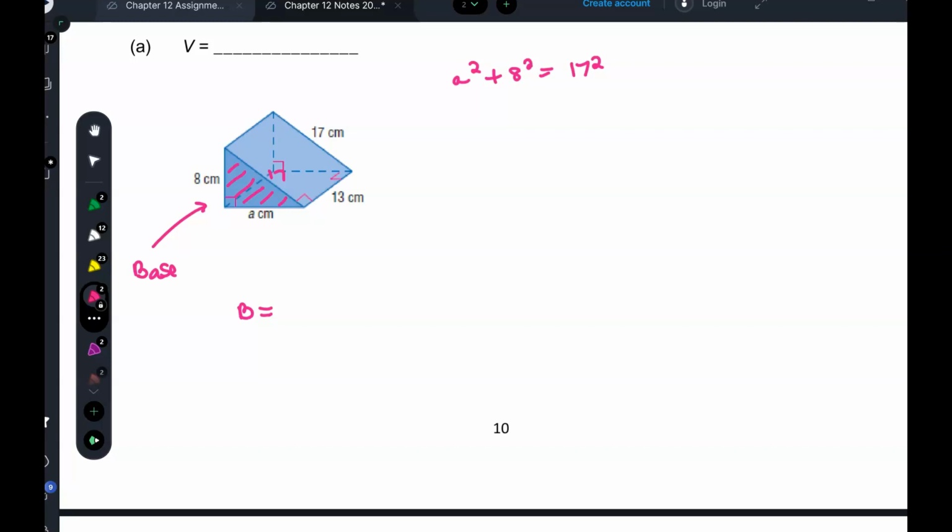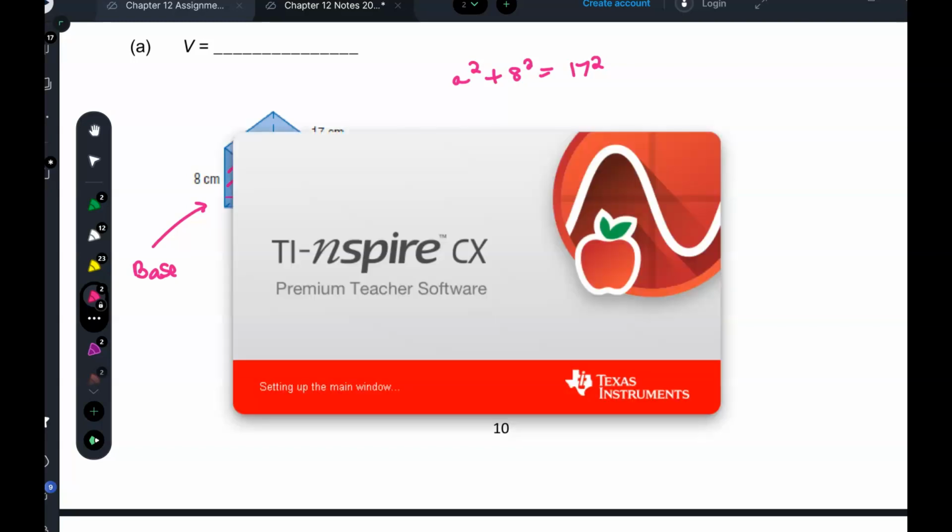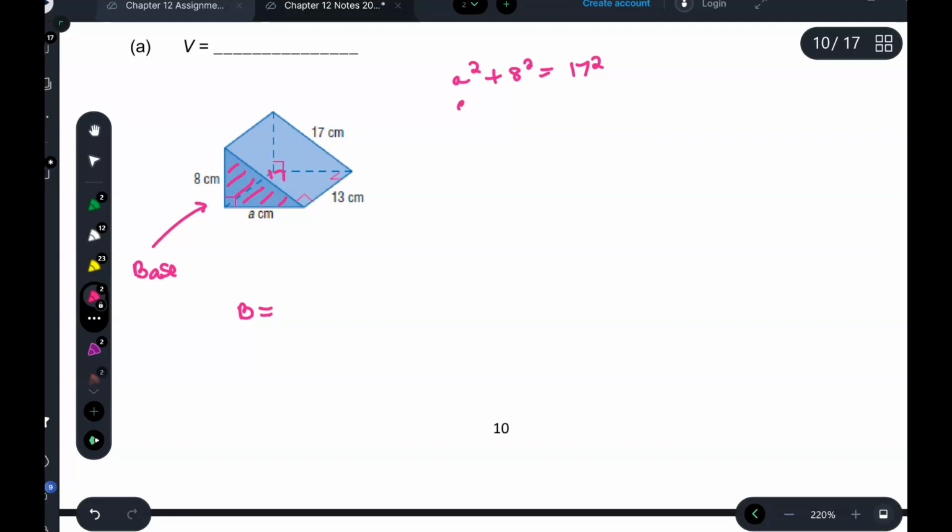And then take the square root of that. Square root of 225. 15. Okay, so if this is 15 centimeters, what's the area of this base now?